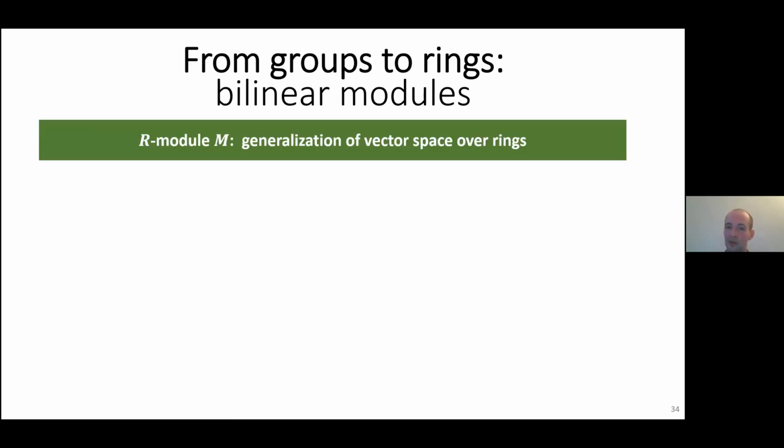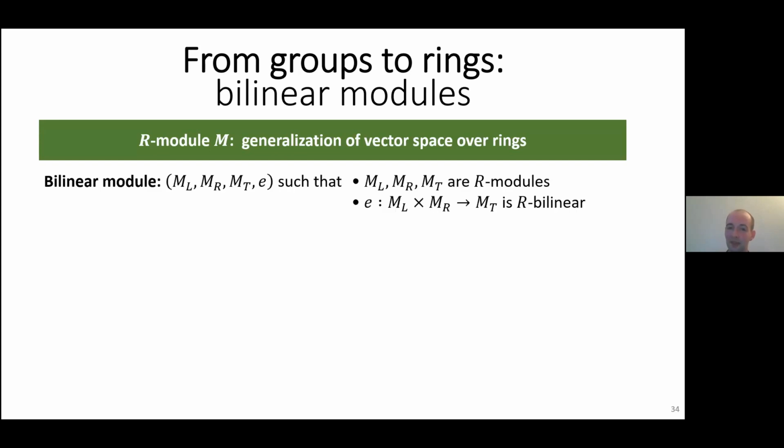So an R module M is a generalization of a vector space, but with a ring R instead of a finite field. And as I mentioned earlier, a bilinear module is this collection of R modules with a left one, a right one, and a target one. And then a bilinear map, which lets you multiply left and right elements together to get target elements.